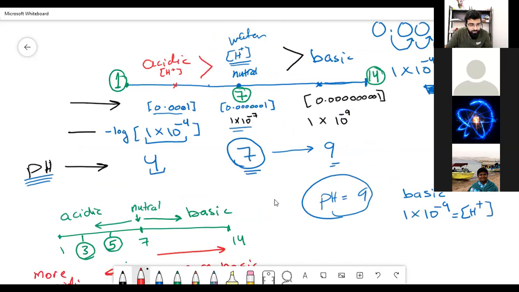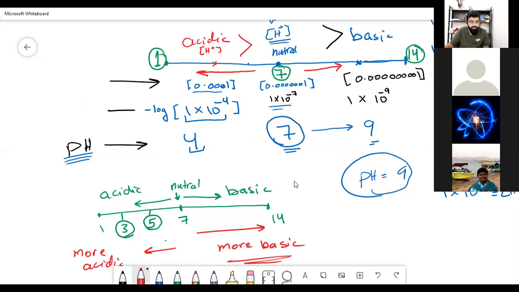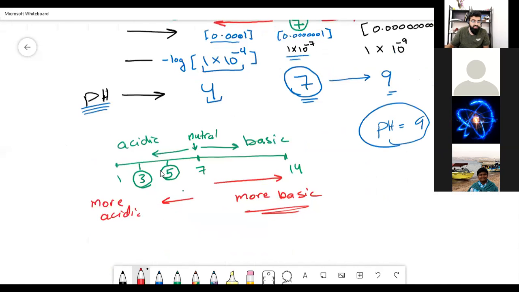If you move toward the smaller concentration of H+, it's more basic. If you go to the greater concentration of H+, it's acidic. And we converted these concentration numbers into pH numbers. So as you move from 7 toward 1, it's more acidic. From 7 toward 14, it's basic. That's it for the pH.